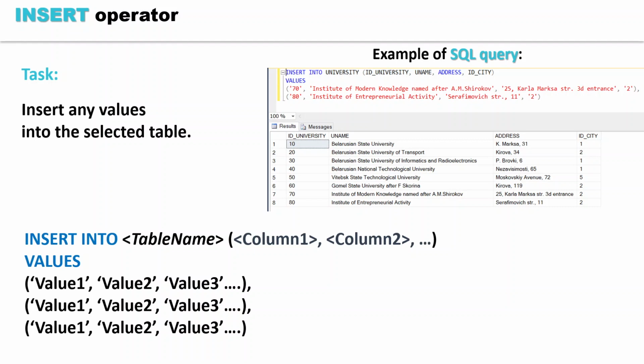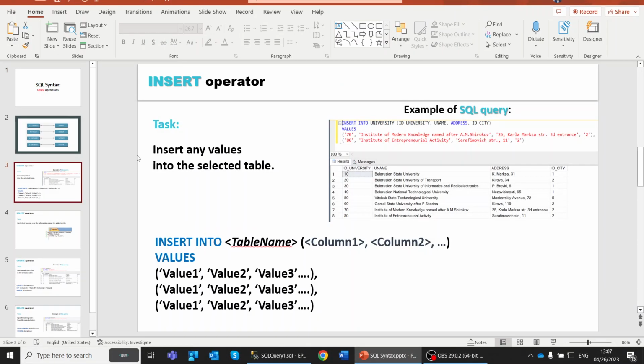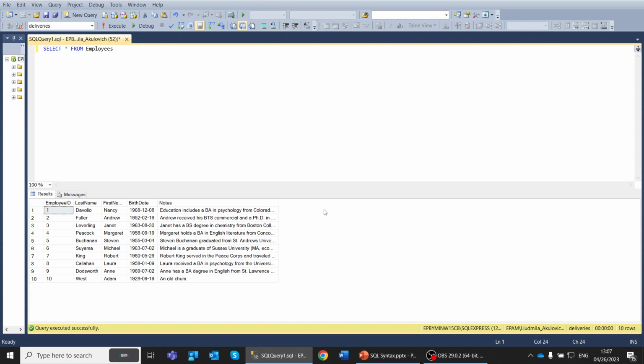Insert into, then we write down the name of the table we are going to work with, then we provide the titles of the columns, then goes values, and here in the brackets, we write down what values should be inserted into the appropriate columns of the table. Maybe it sounds pretty difficult, but let's turn to the example and you will see how easy it is.